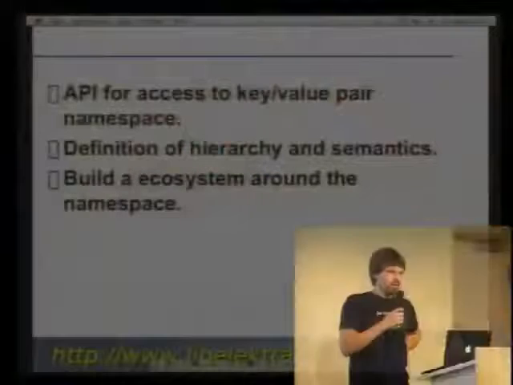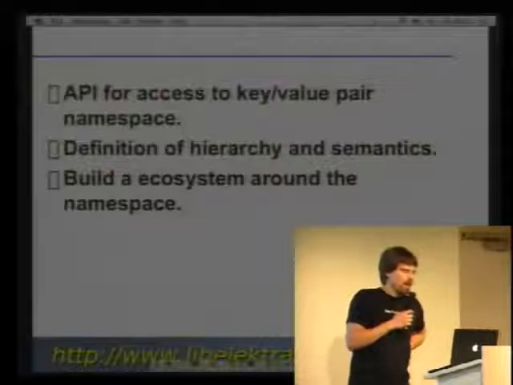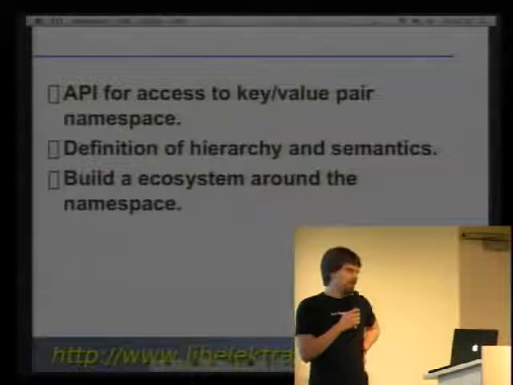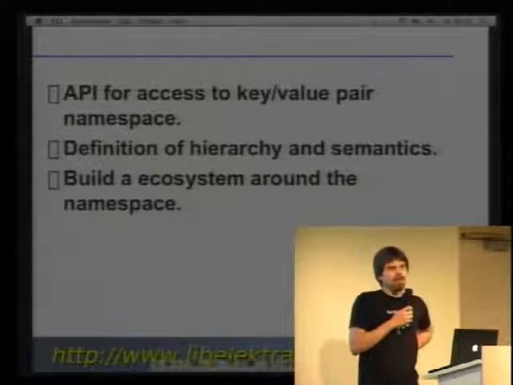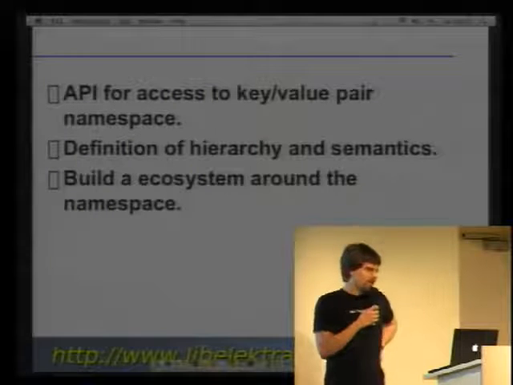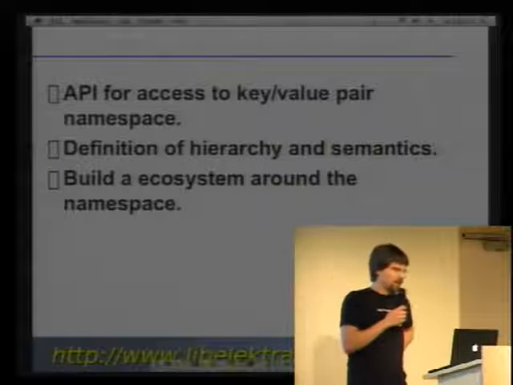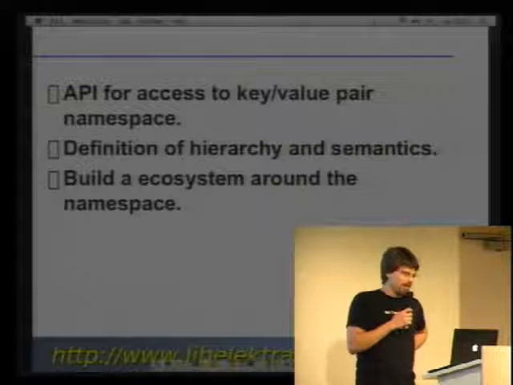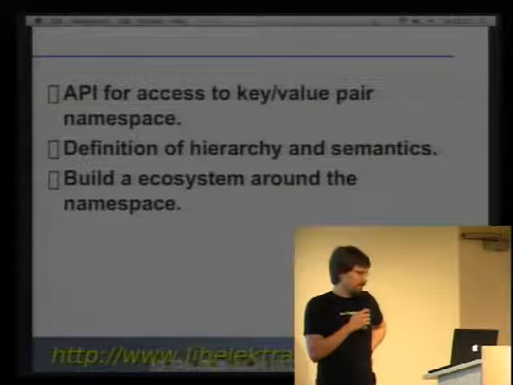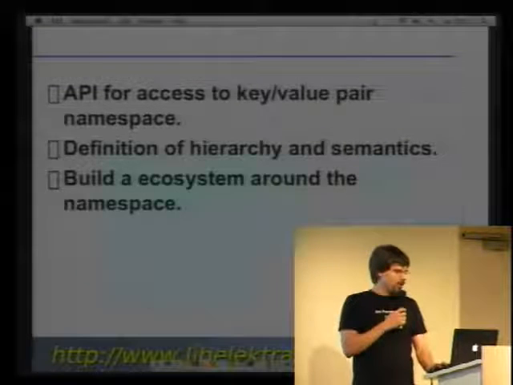There is often a need for an API for access to key value pairs. The whole idea is to get a large namespace where the whole configuration lies. Then there should be some standardization of the semantics, for example, that a string like open has its place where all programs can get it, and to build an ecosystem.